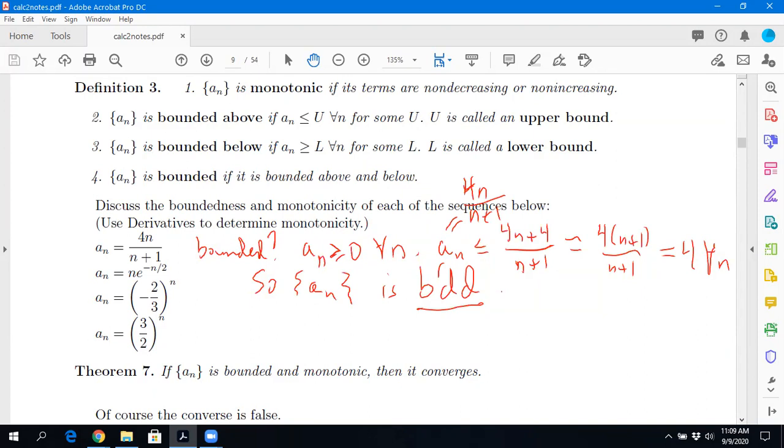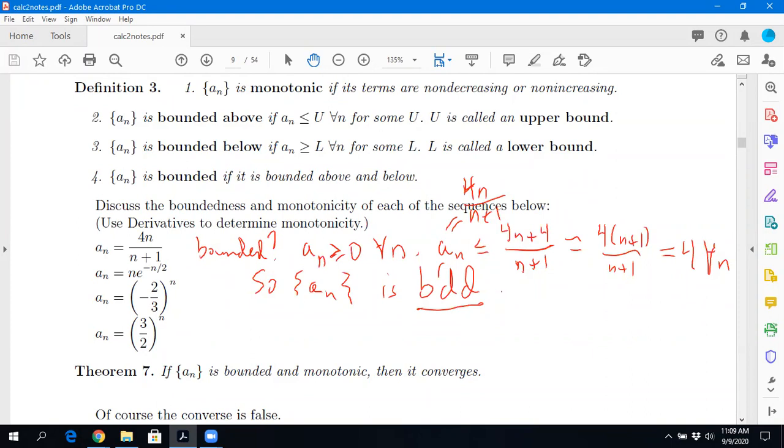You're only plugging in 1, 2, 3, 4, etc. the counting numbers, the natural numbers. So it's pretty clear that all of those are bigger than or equal to 0, no matter what I plug in. Make sense? Our sequence is always trapped between 0 and 4, so it's bounded.